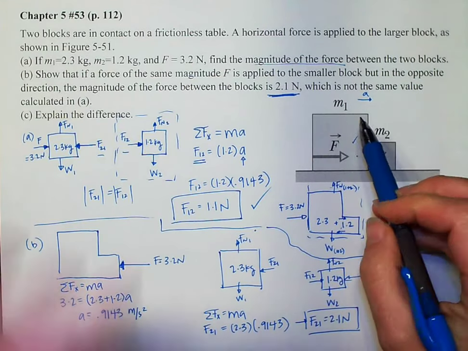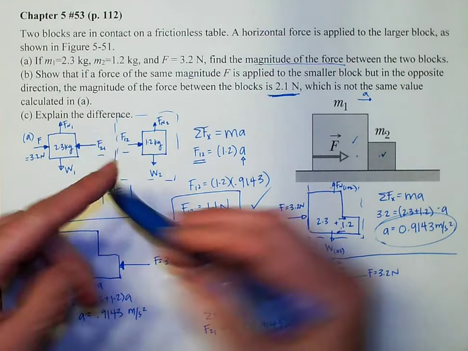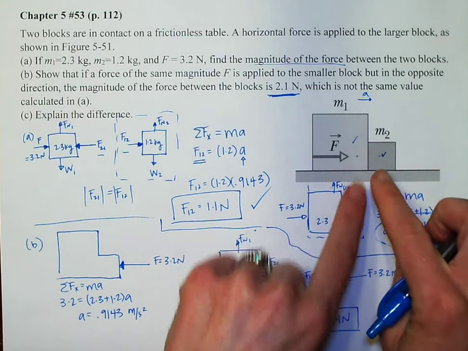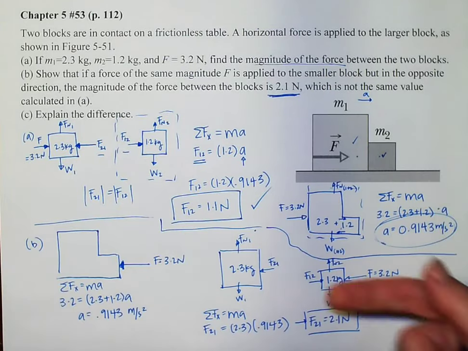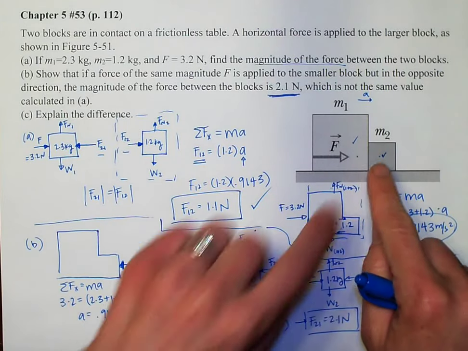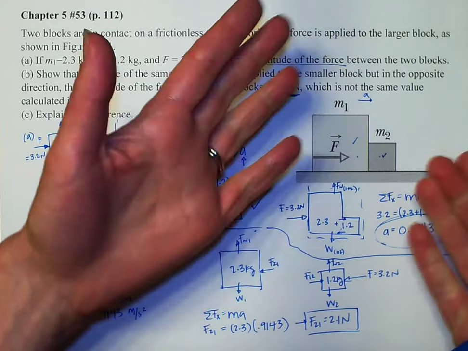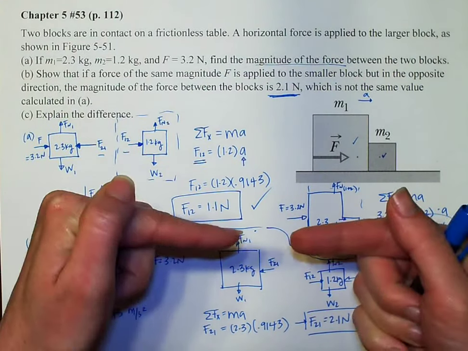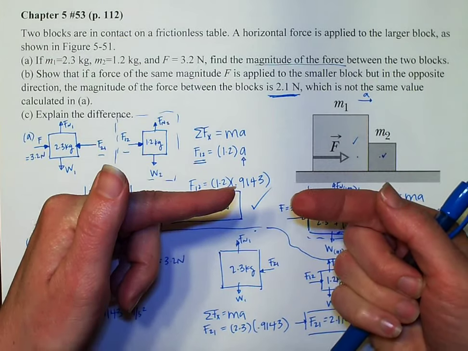So now let's deal with the third part. Explain the difference. Why is it that when I push from this way, the internal force is smaller, but when I push from this way, my internal force is bigger? And here's the reason. We found out that our acceleration, no matter which way we're going, is exactly the same thing.